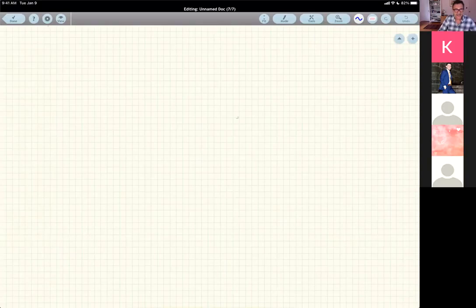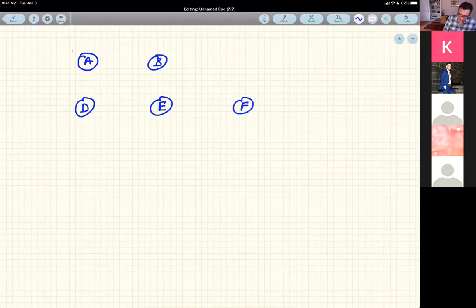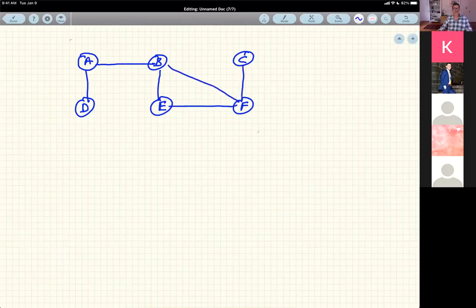Most of our interest in graphs is if I have a graph like this, we'll draw this new graph: A, and then B, and then D, and E, and F, and C. And then the edges that connect them are A to B, A to D, okay, so these are the edges that connect this graph, okay?